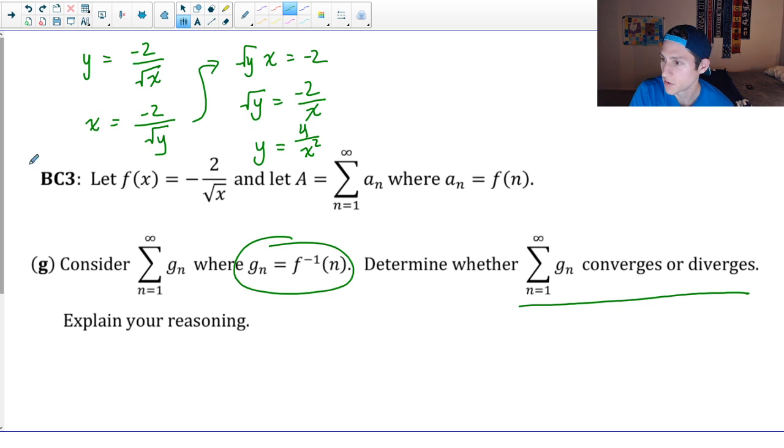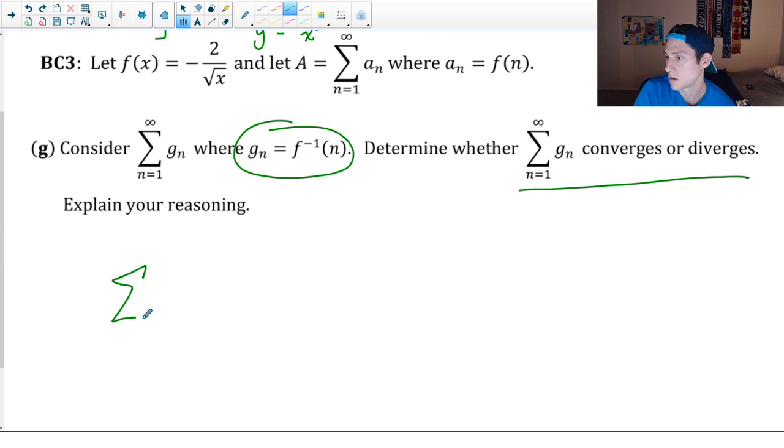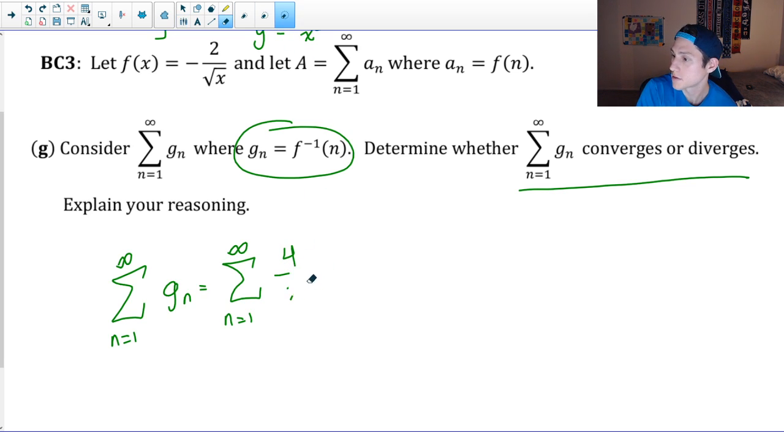Totally knew what? How to find the inverse? So the inverse is 4 over x squared. Or not 4 over x squared, 4 over n squared.